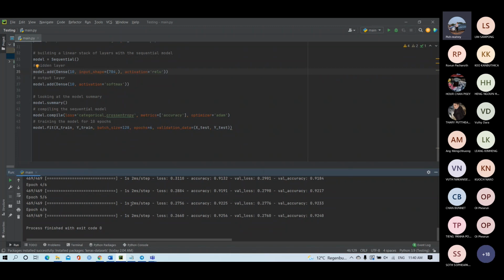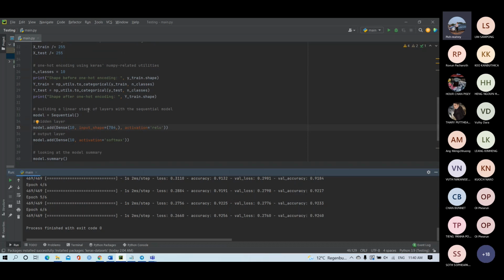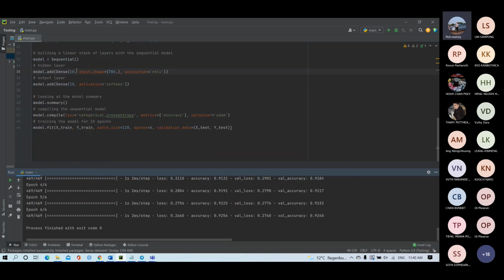After that, you can rearrange the value to get 95, and you can increase step by step. For our case, we use like 10 nodes in the hidden layer. Okay, you say that 10 nodes does not work. I use 50 nodes. I use 20, 30, 40, 50, 60 until the accuracy reaches 95. So I can select that value to present to my teacher.